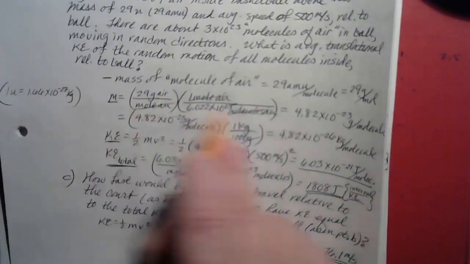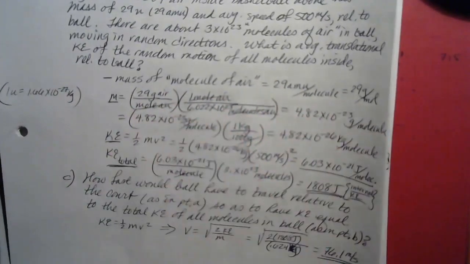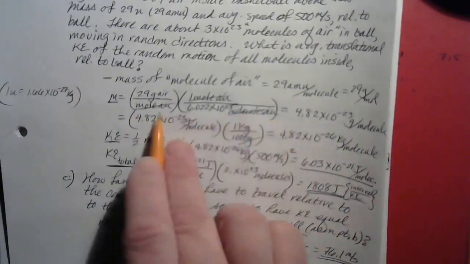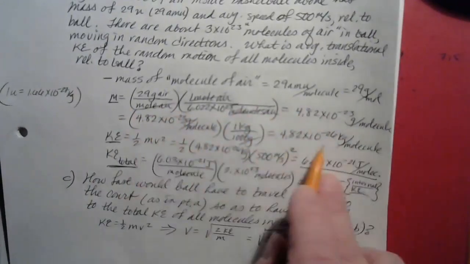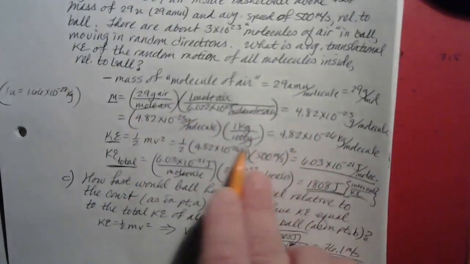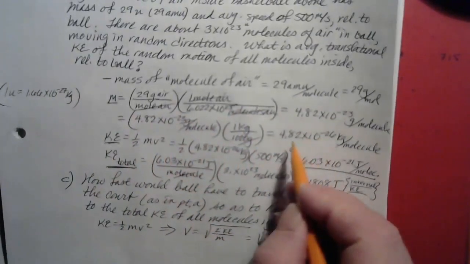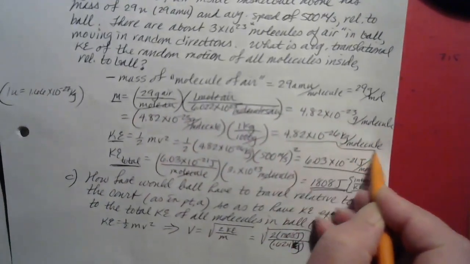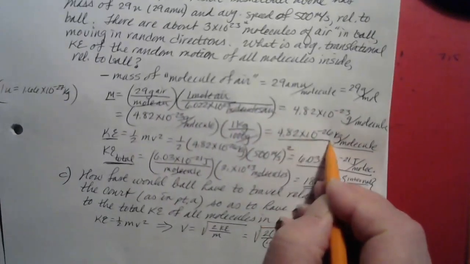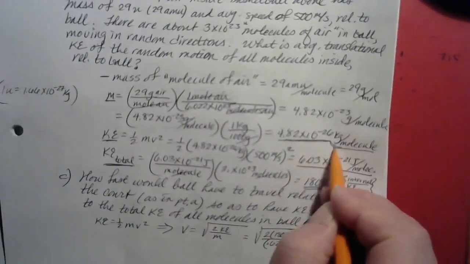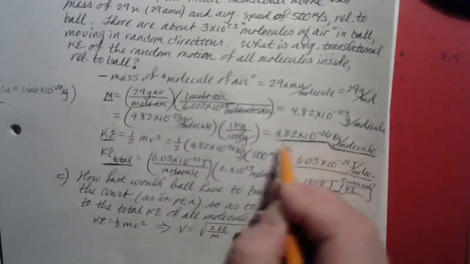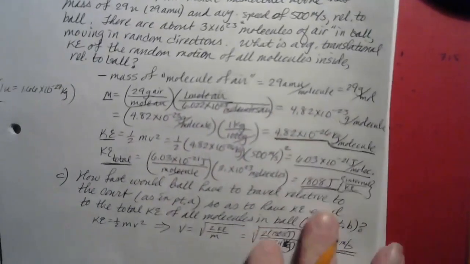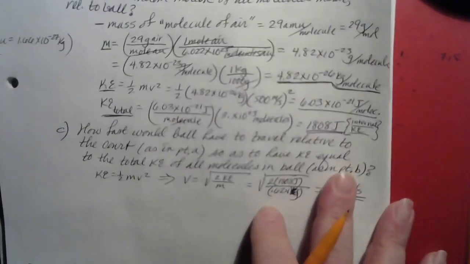Or you can do it the chemistry way, but since this is not a chemistry class, I'm not going to go into detail. You end up with the same result either way: 4.82 times 10 to the minus 26 kilograms for the mass of the average molecule that makes up air. That's the important part.